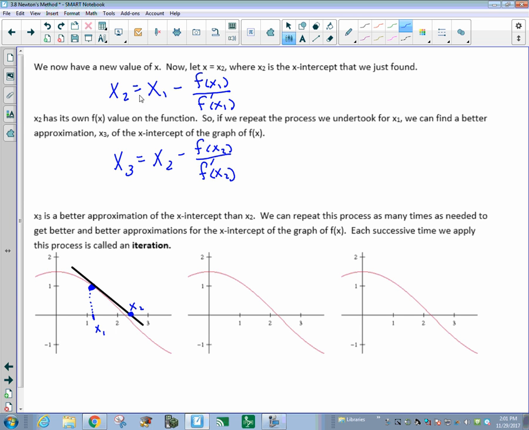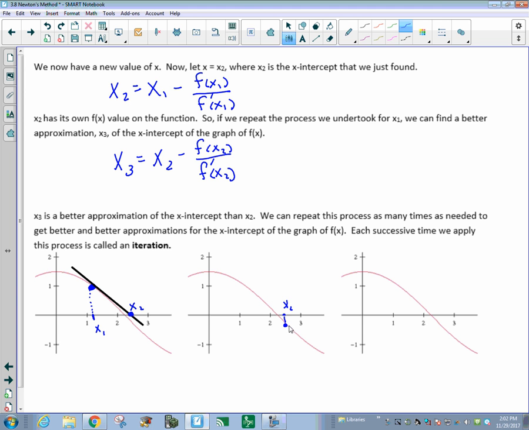All right, so this work right here at the top kicks out this x sub 2, which gets me a little closer. So then I take the x sub 2 value, which would be right here, and carry it down, and then draw a tangent line to that. Because if you notice, when I draw this tangent line, this is my y value down here. Oops, I'm erasing, sorry. This is my y value down here.